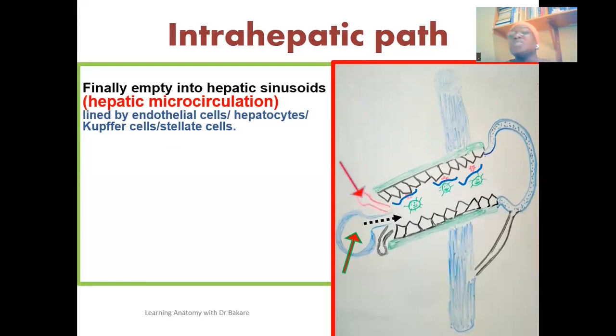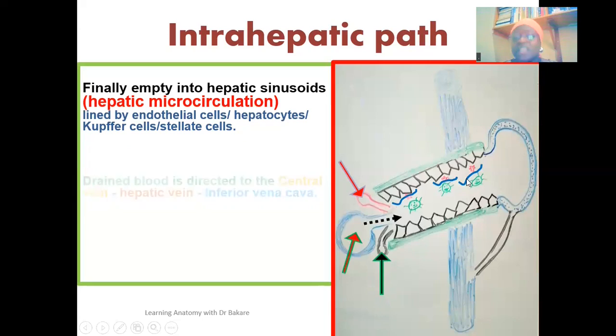The hepatic artery is also seen to deliver its oxygen-rich blood into the sinusoids because they also need oxygen to survive. That is what they use to produce energy for them to be able to carry out the different activities that they will be exhibiting. Then you have the bile duct to transport bile that is used for the breakdown or the emulsification of fat. So these are the different structures that are seen around the sinusoids.